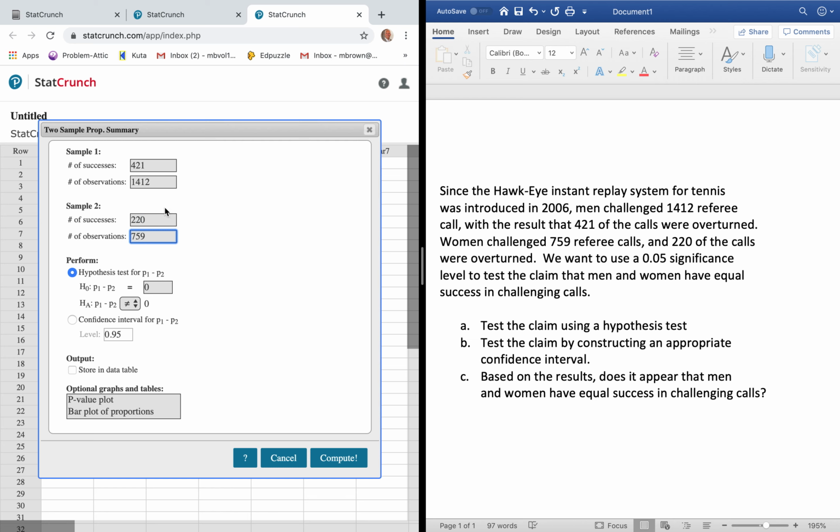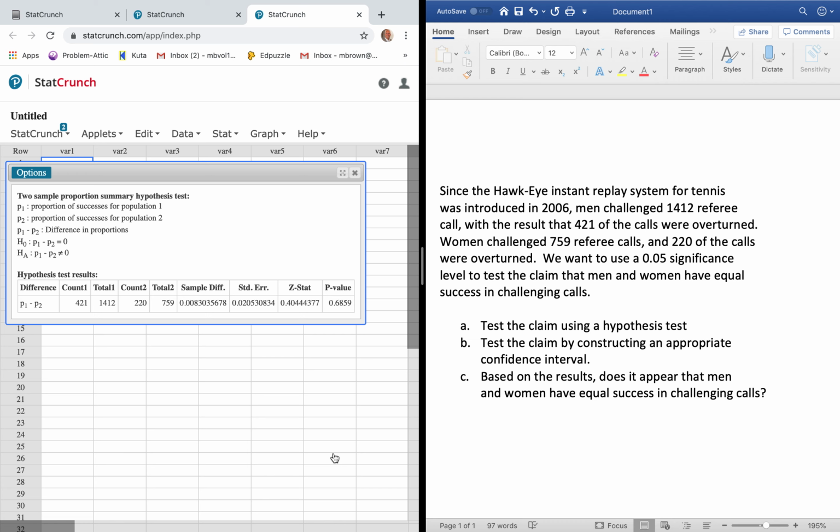If we're doing a hypothesis test, we always want that to equal 0, because remember, our hypothesis is always P1 equals P2, and if that's true, then P1 minus P2 is always 0. There's no difference in the two proportions. Now, this is not equal to, which is exactly what I want. I'm just going to hit Compute, and there it is. It's the exact same p-value and the exact same z-stat we saw a second ago. So it works just as well.